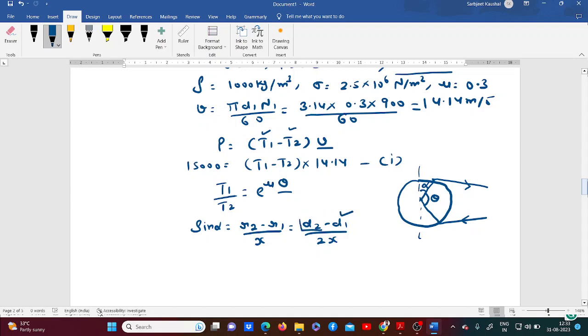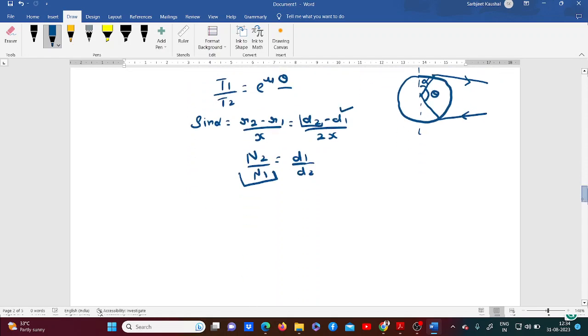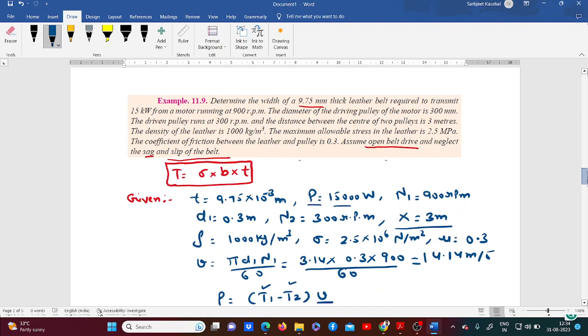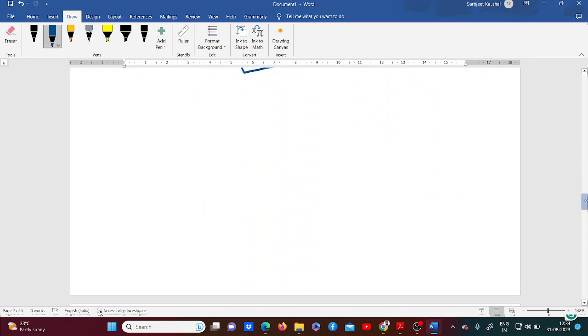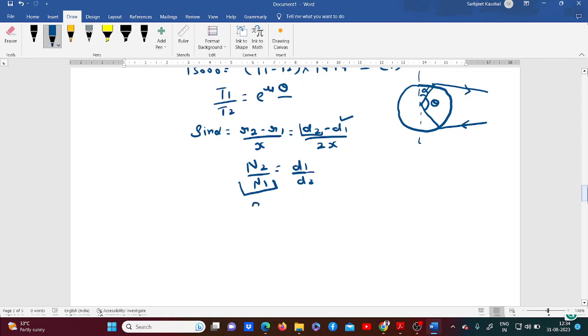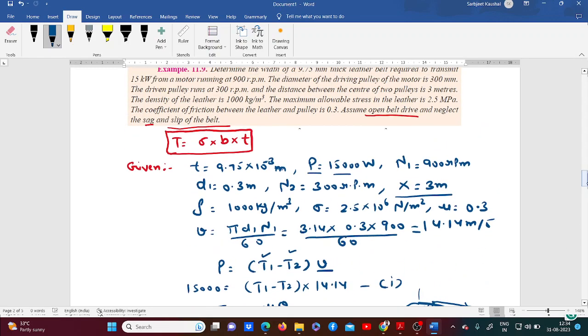The value of d2 we can find with the help of the formula n2 by n1 equals d1 by d2. This is the velocity ratio. The values of n2 and n1 are given. n2 is 900 rpm, n1 is 300 rpm. Value of d1 is 0.3.